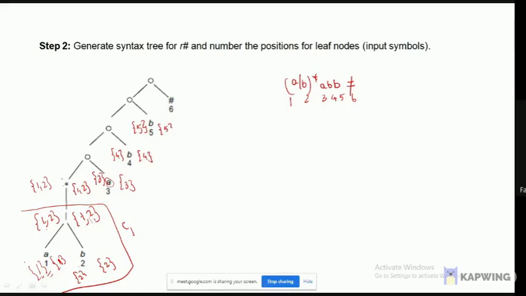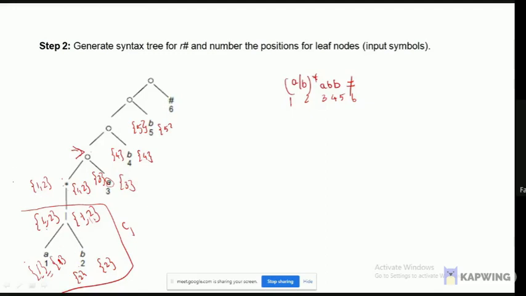Okay, right. When you are coming to concatenation, what should I do? What is first position of this concatenation expression? In the left hand side, what are you having? Can anyone tell what is the expression at this concatenation node? What is the left hand side expression?